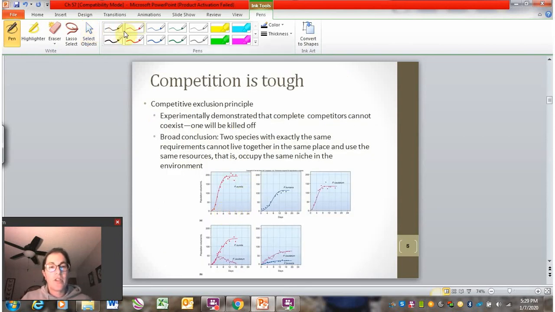So competition, not only is it very common in nature, it's also highly difficult for them. It has a lot of negative impacts. And so this has been demonstrated and defined as something called the competitive exclusion principle. What they showed was that direct competitors, complete competitors, that means they have the exact same requirements.